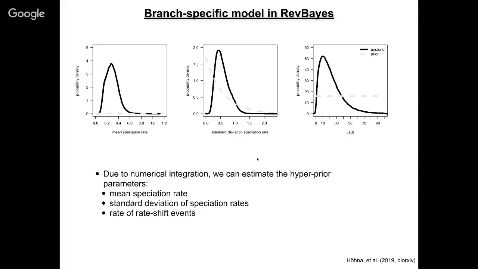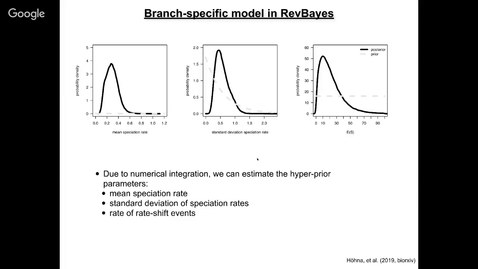When there's a rate shift, you draw a new speciation rate from that prior distribution, and this prior distribution has a mean and a standard deviation. We applied a prior distribution both on the mean of the speciation rate and the standard deviation of that speciation rate. And interestingly, there is some information in the data to estimate those parameters.